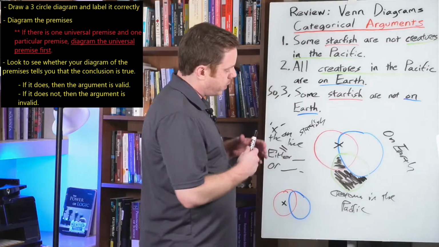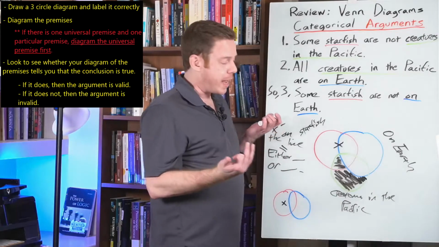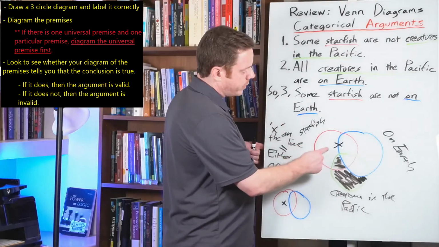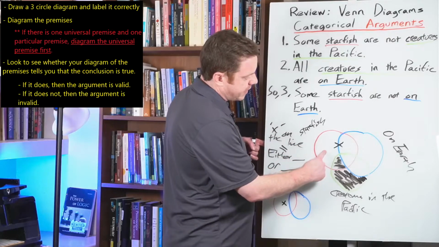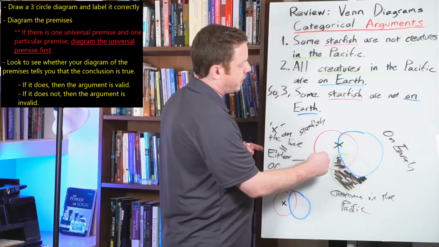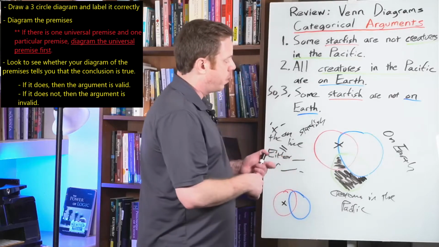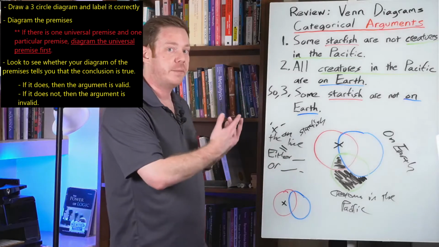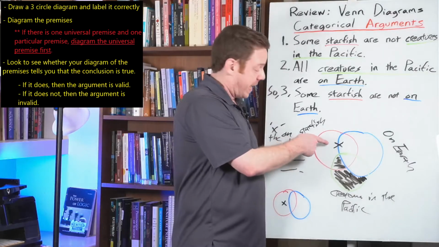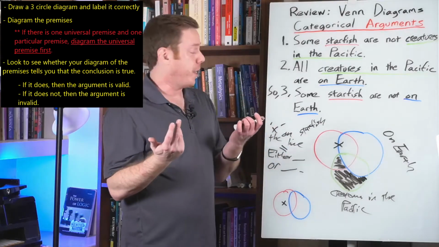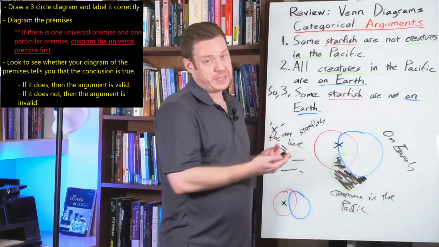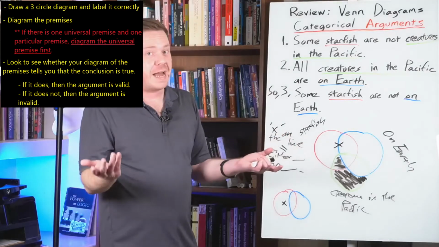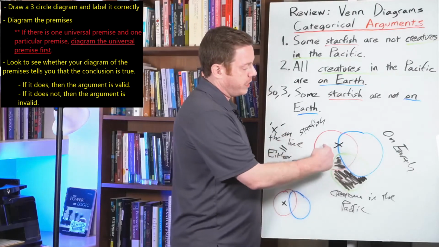Well, no, it's not, because we would need something that's inside the red circle, but outside the blue circle. But we don't have an X inside the red circle that's outside the blue circle. We have half an X, but that's not enough. Because, of course, the X on the line, remember, it's either-or, either here or there.